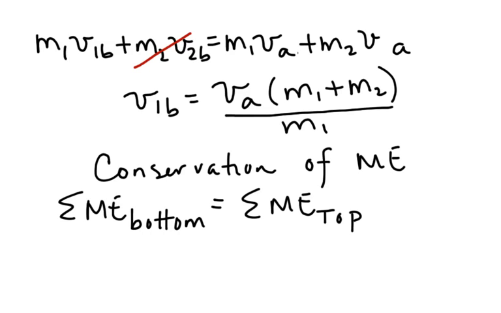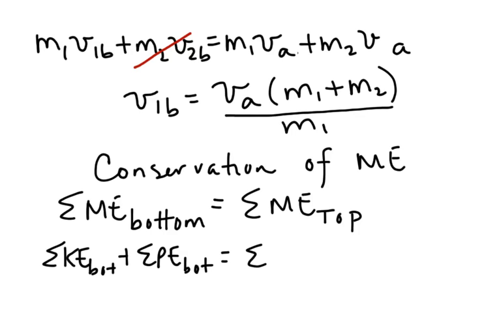Conservation of mechanical energy says the total mechanical energy at the bottom of the bullet block system is equal to the total mechanical energy at the top of the bullet mass system of its swing. And so we're going to apply this idea by taking the total kinetic energy at the bottom plus the total potential energies at the bottom.